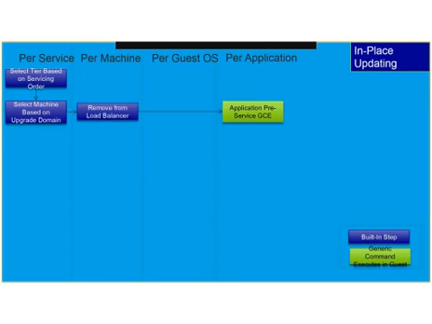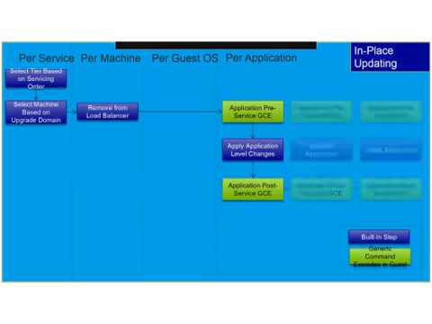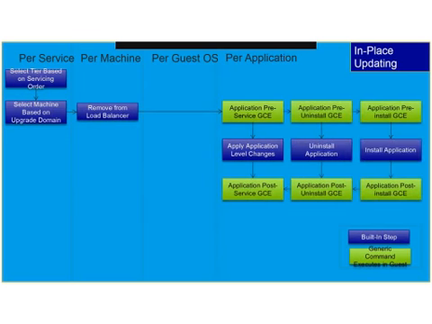You select a tier in servicing order, then select based on upgrade domains, and it removes the load balancer if there is one. It applies the pre-service application changes, does the post, and runs any uninstall or other application scripts. Then your application is updated, and it adds the load balancer back. And you're done.